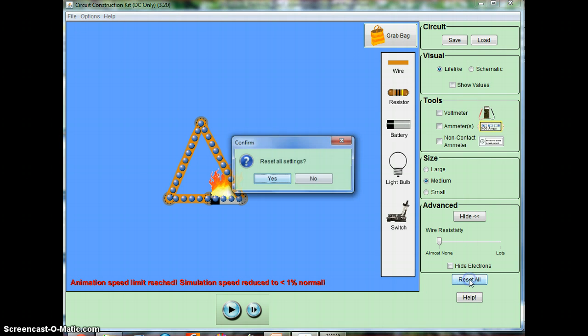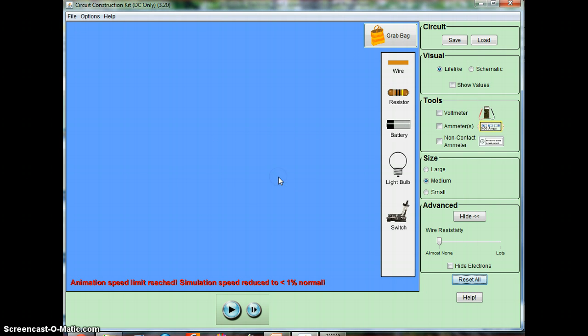But I'm going to reset this and show you another example of how you can use this to create a circuit. So you can grab some wire, grab a battery, maybe grab some light bulbs here too. And one thing that's neat about the light bulbs is you can actually see different connection points for the light bulb based on that activity that we did.